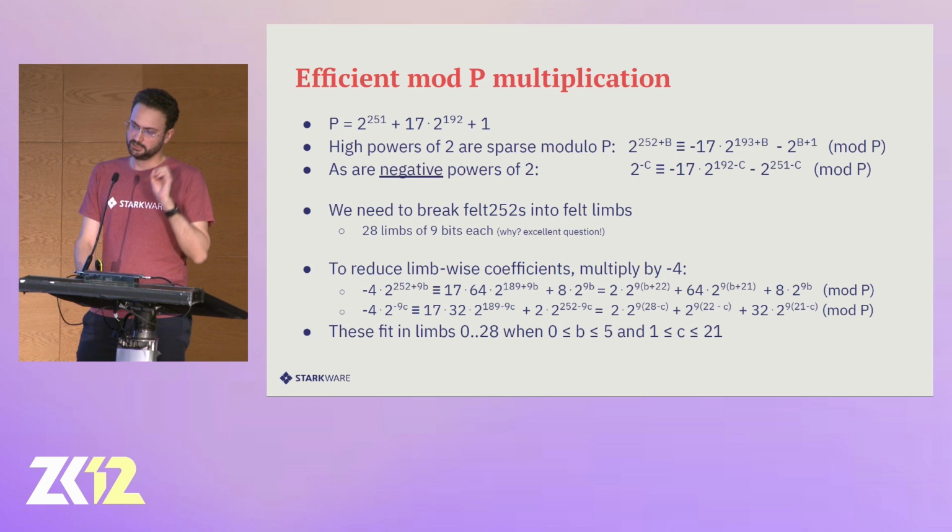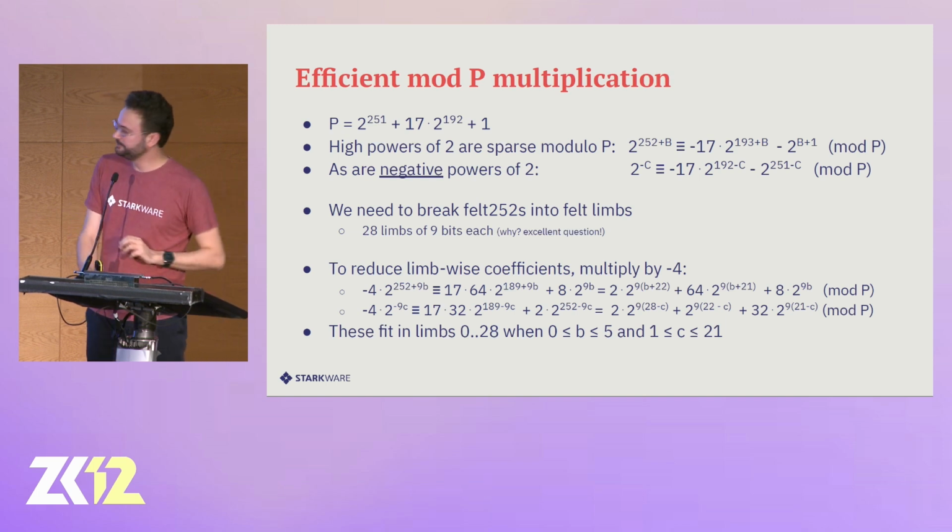So instead of getting one limb with a very high coefficient, we get it as two adjacent limbs, the b plus 22 limb and the b plus 21 limb, with coefficients 2 and 64. And similarly, in the negative powers, we have that 17 times 32, and that breaks down into the 1 times 2 to the 9, 22 minus c plus the 32, 21 minus c.